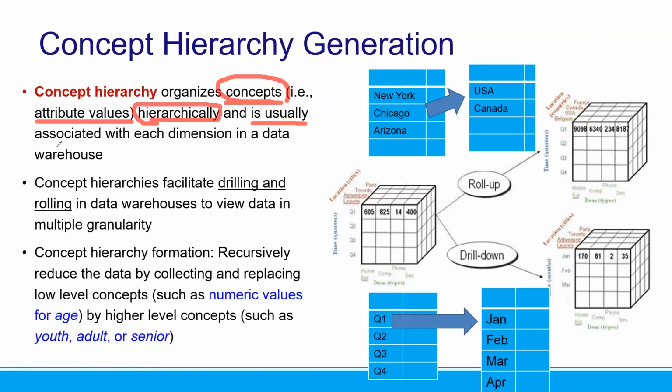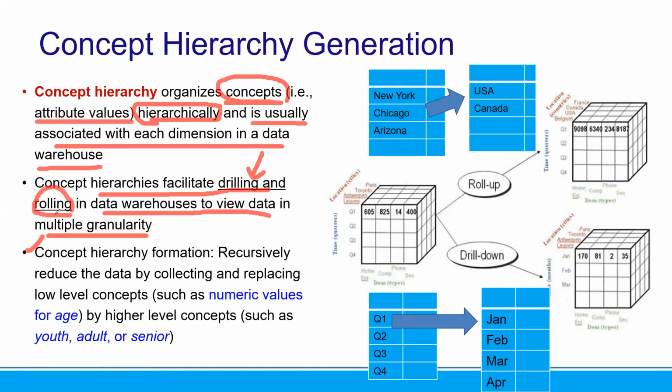It's usually associated with each dimension in the data warehouse. Concept hierarchies facilitate drilling and rolling in the data warehouse to view the data in multiple granularity. So the idea is drilling and rolling. Sometimes they call it roll up or drill down.